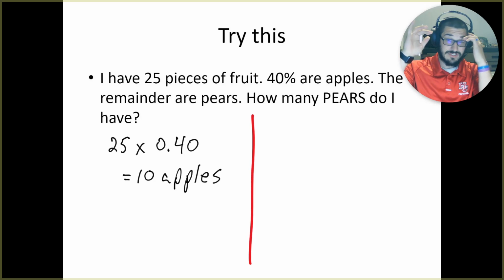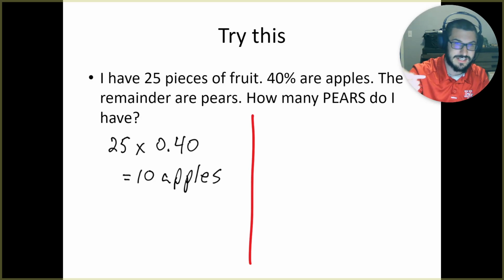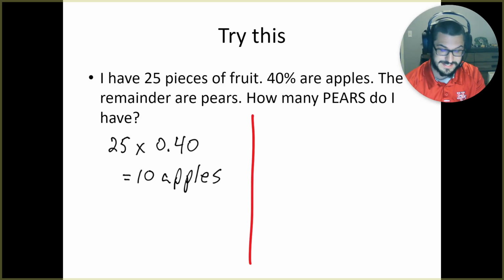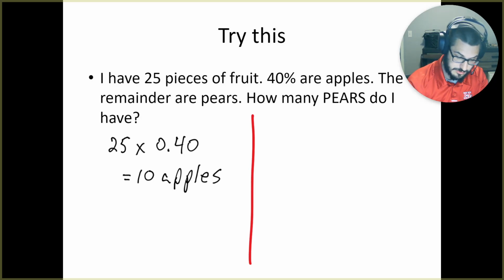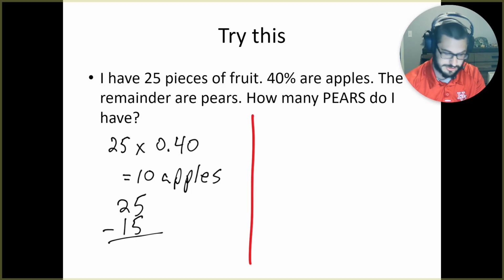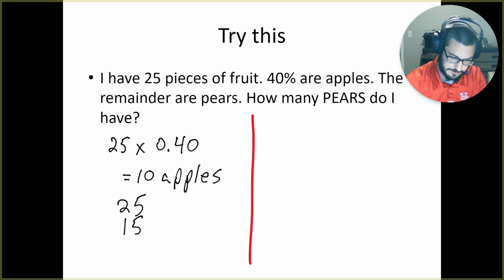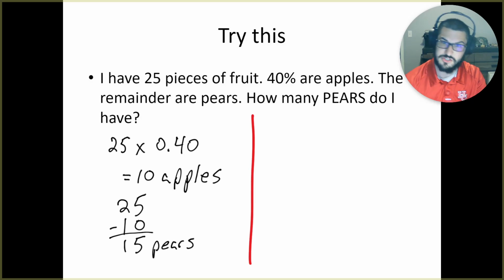The ACT will a lot of times ask questions like this so that they hope you give this answer and forget that you have to get to pears. So actually what you would need to do is, now that I have how many apples, subtract that from my total. I've got 10 apples, which gives me 15 pears. So that's one strategy of doing that.